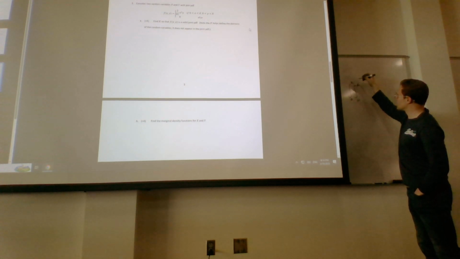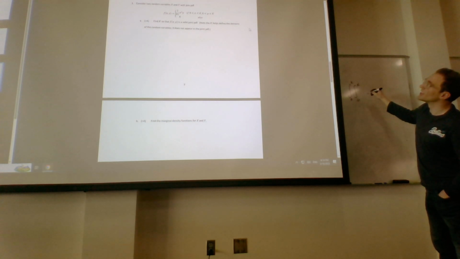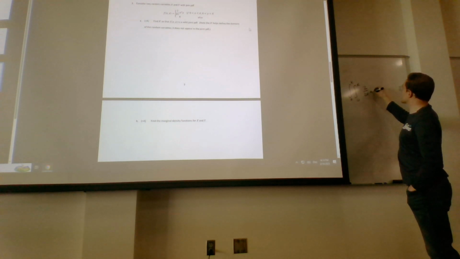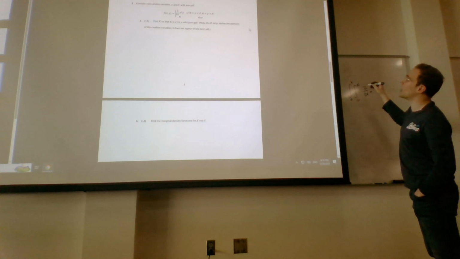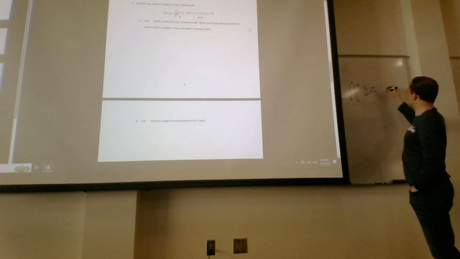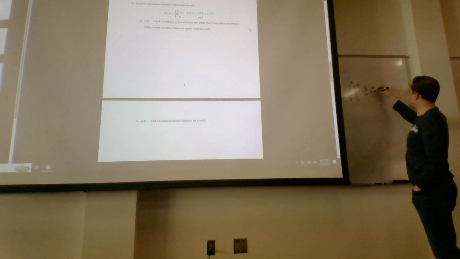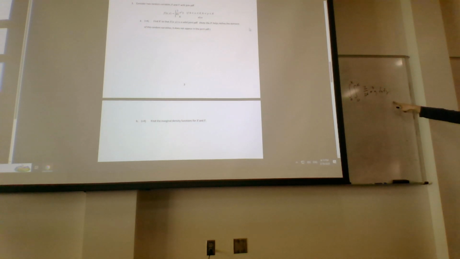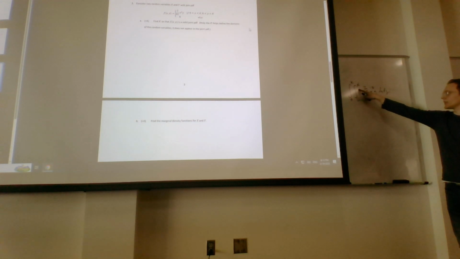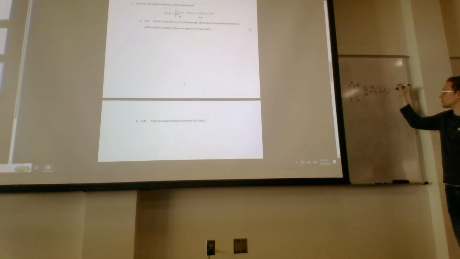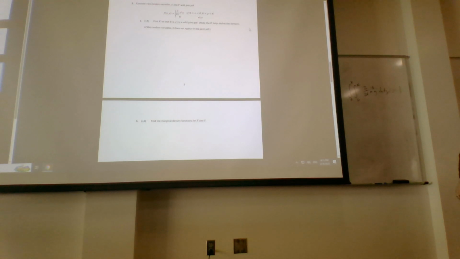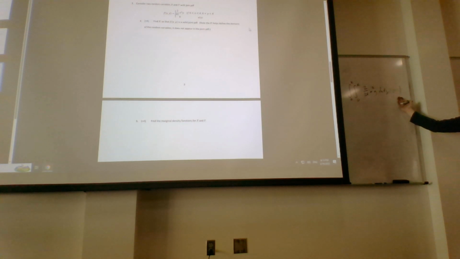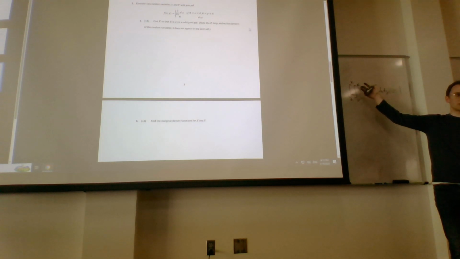So you take your double integral from 0 to k of your function, 81 x squared y dx dy. You're integrating over the entire thing, and that should equal 1. Then some algebra, and whatever makes that equal 1, you solve for k.